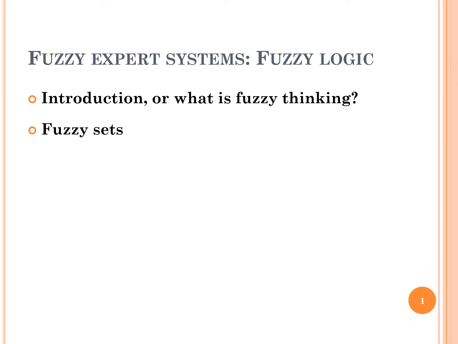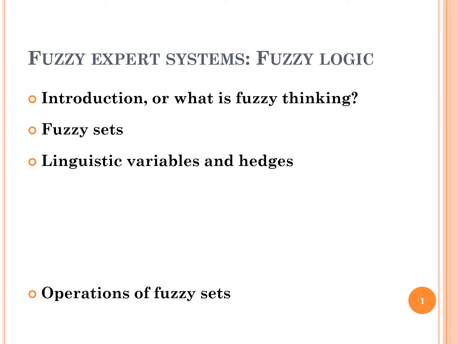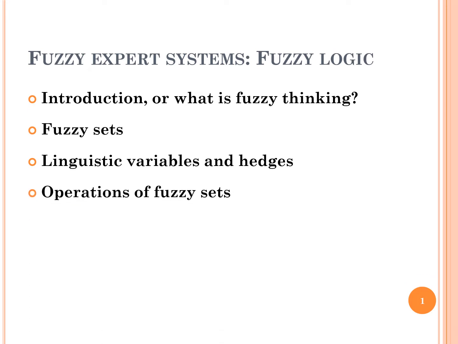Then we start to define and understand what a fuzzy set is. We are going to identify the linguistic variables and hedges. And then operations of the fuzzy set, fuzzy rules, and then we conclude.